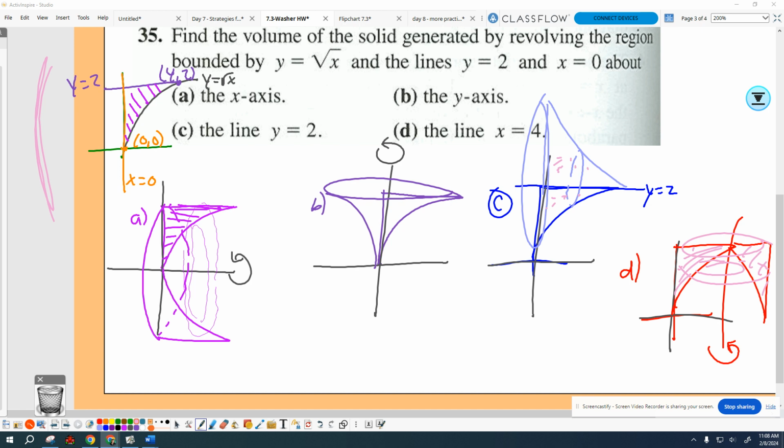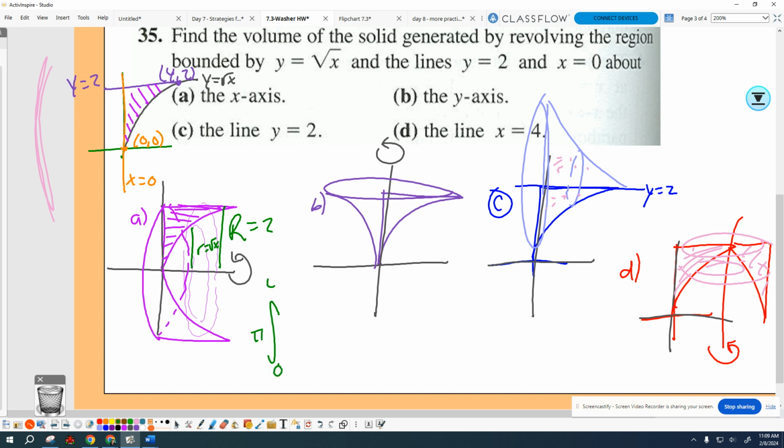I'm confused about A. Isn't it pi times the big radius? Big radius. Never mind, I'm not confused. Big radius is 2. Little radius is square root of x. So you square it and it just becomes x, integrating from 0 to 4.